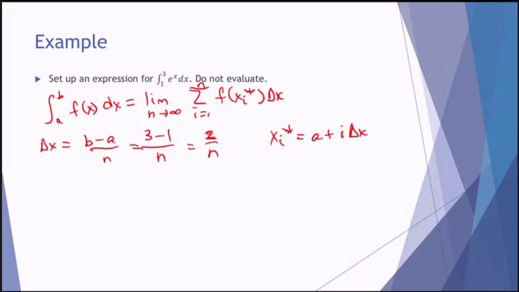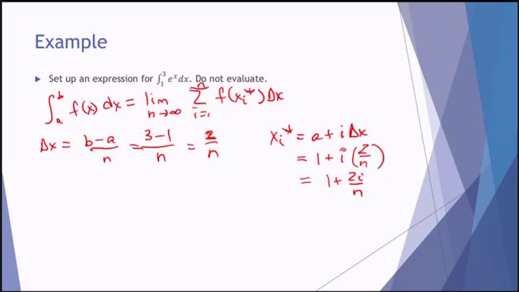So in this case, a is 1, and then we'll have i times the delta x, which we just determined is 2 over n. So our x sub i star is 1 plus 2i over n. Okay? So there are 2 terms to our x sub i star, which is not what we've run into in previous examples, but definitely in the realm of possibilities.